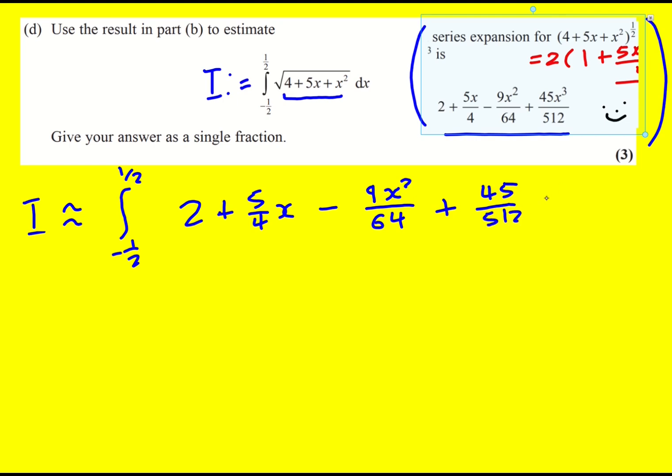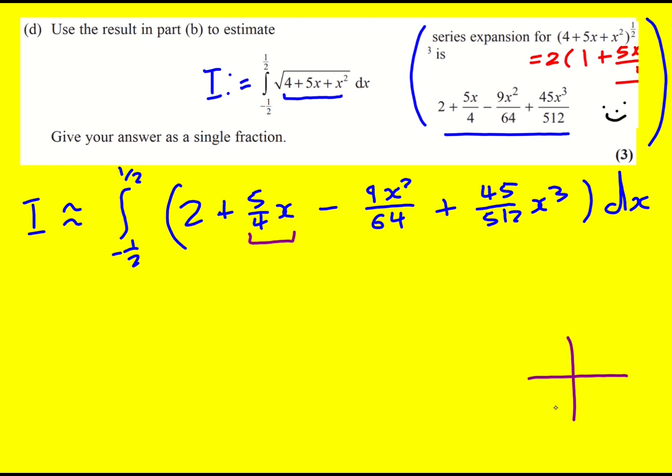Okay, now you can work your way through that. It's a little bit technical. I'm going to give you a few shortcuts that you may or may not have seen before. This function here, 5 over 4x, is actually called an odd function because if x was equal to 1, for example, I'd get 5 over 4.